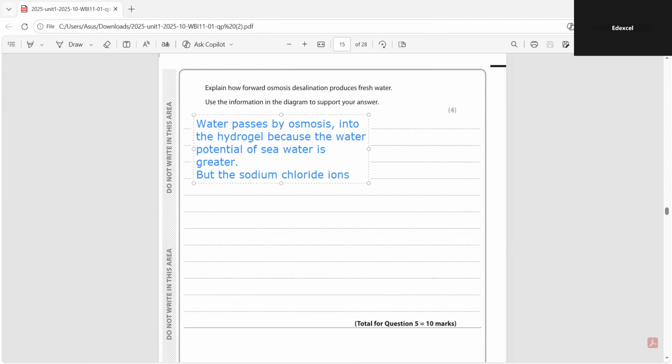The sodium chloride ions cannot pass through the partially permeable membrane. Then the fresh water is separated.